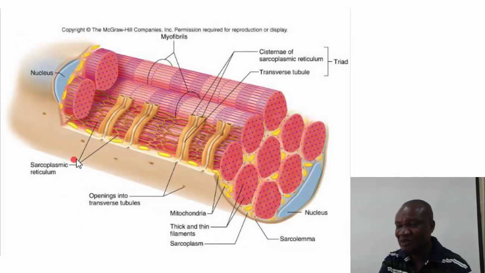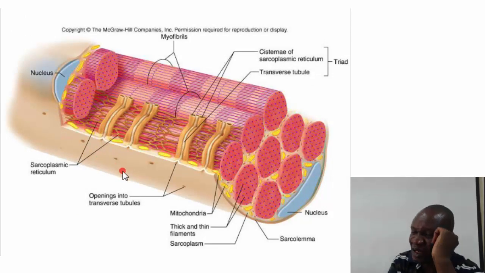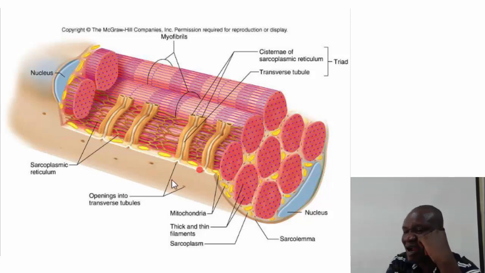Now, on the surface of the skeletal muscle fiber, there are invaginations or holes. Now, these invaginations get into the cell, and they are an extension of the plasma membrane of the skeletal muscle fiber.